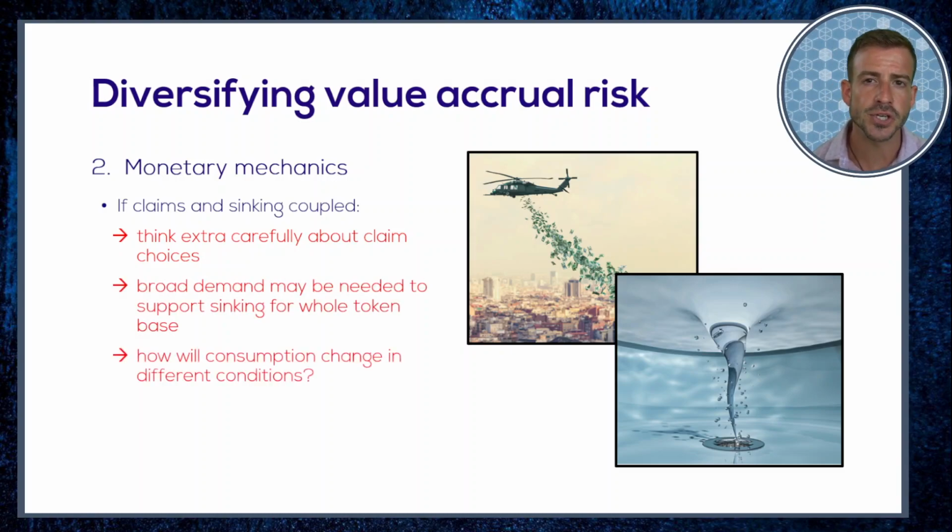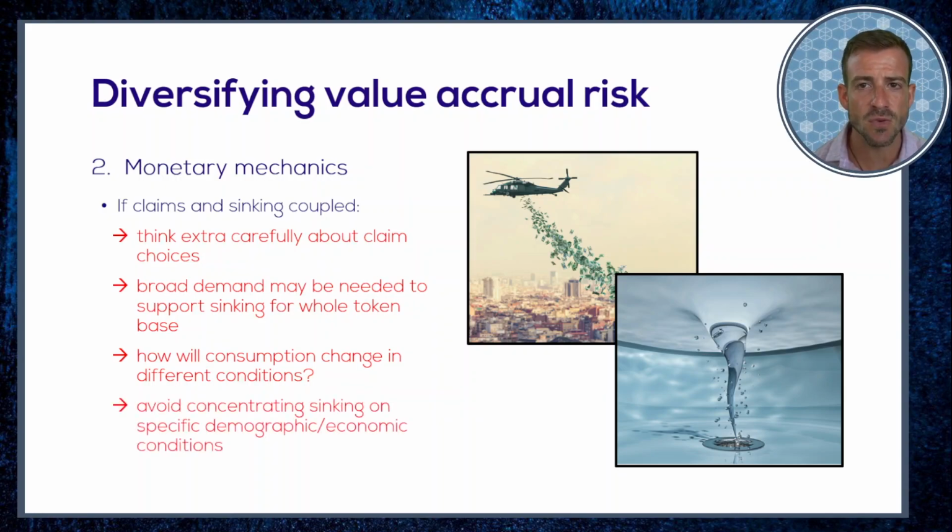Would substitution into consumption of the uncorrelated asset offer enough sinking action to support the unit value of the token base? All of this also leads us to the recommendation that we need to avoid concentrating sink functionality in the actions of a specific user demographic, as much as we need to avoid it being dependent on specific economic conditions.